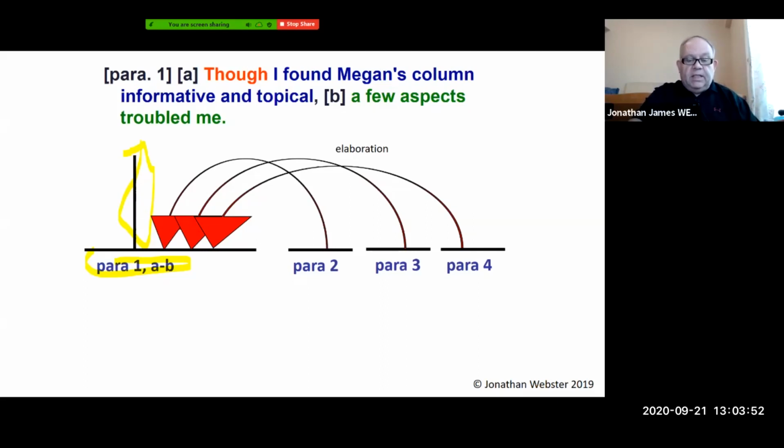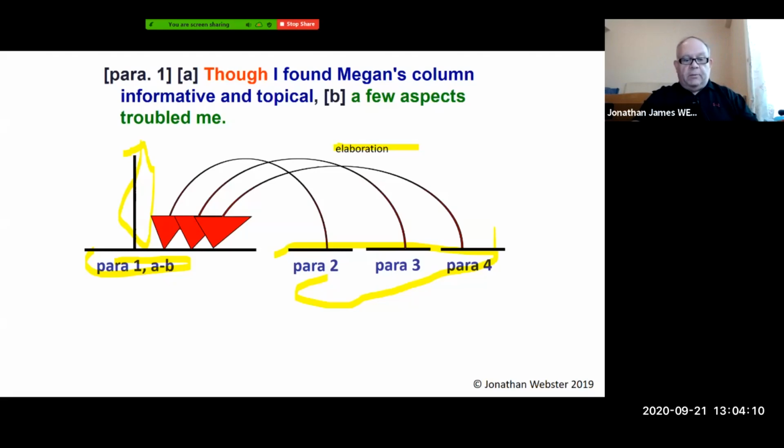That's the main idea. And everything else, your paragraphs 2, 3, and 4, is all elaborating on that point, and these are the arcs that point from these satellites to the nucleus.